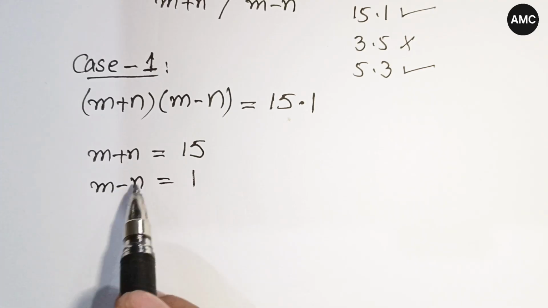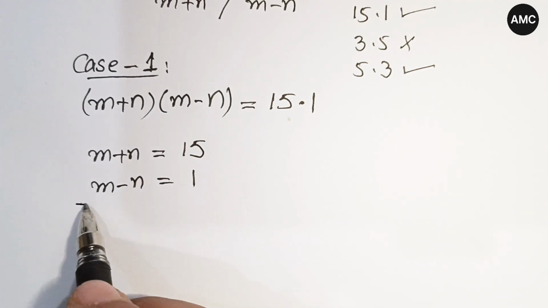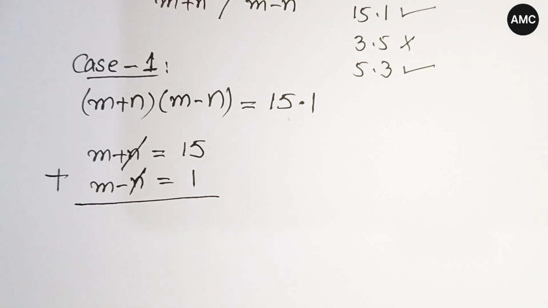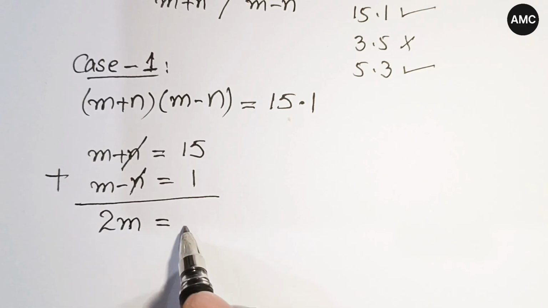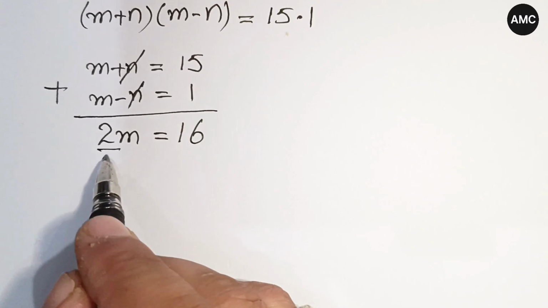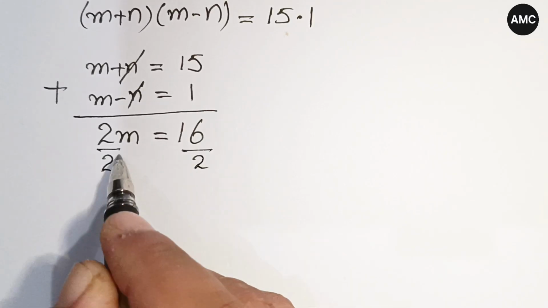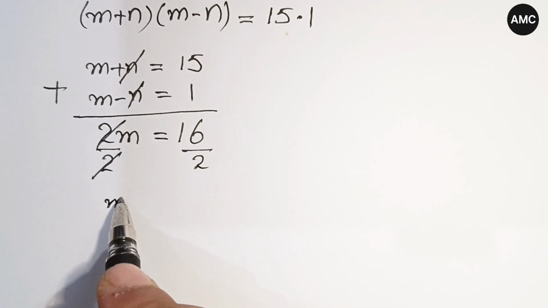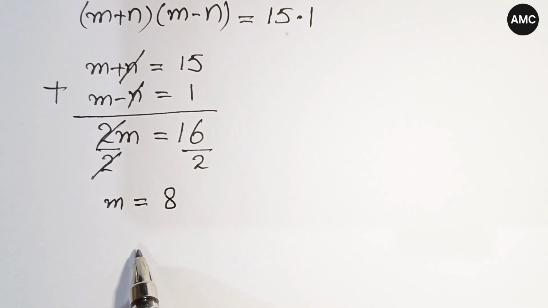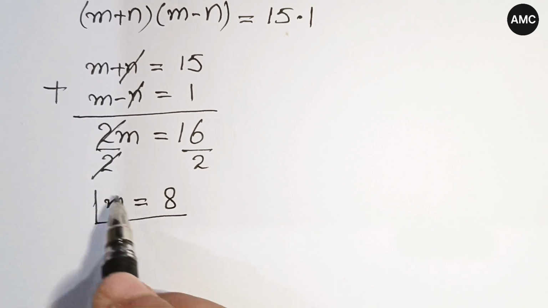If we just add these two equations, the positive and negative cancel out. We get m plus m is 2m, which is equal to 15 plus 1 is 16. Now if we divide by 2 on both sides, 2 is cancelled out on our left hand side, then m will be 16 divided by 2, so the value of m is 8.